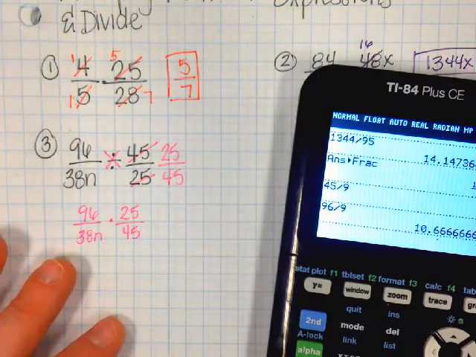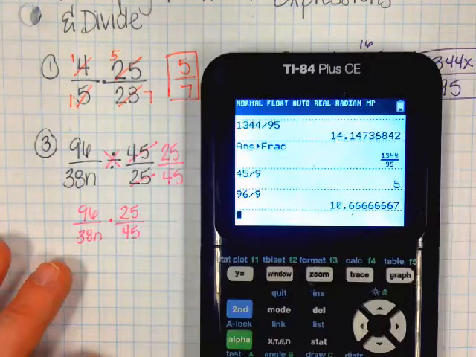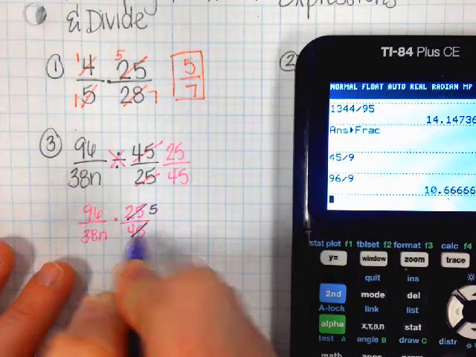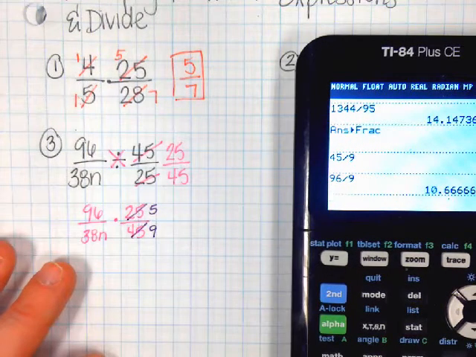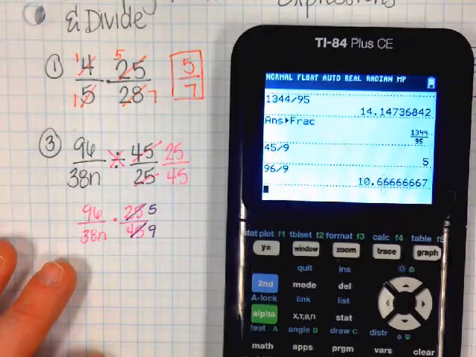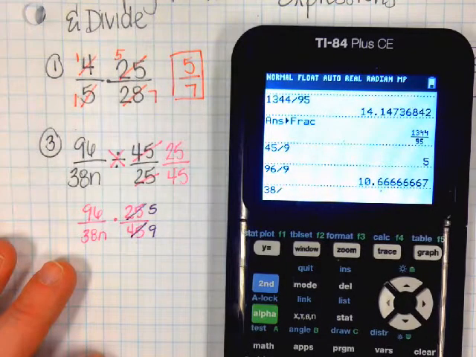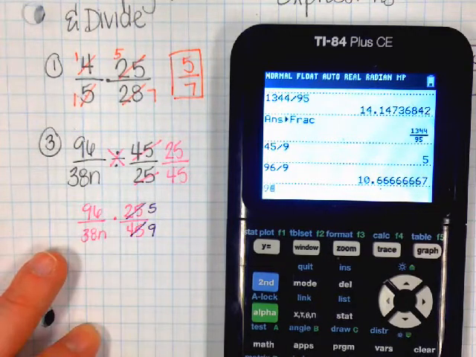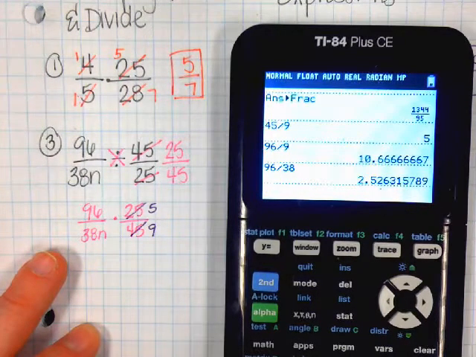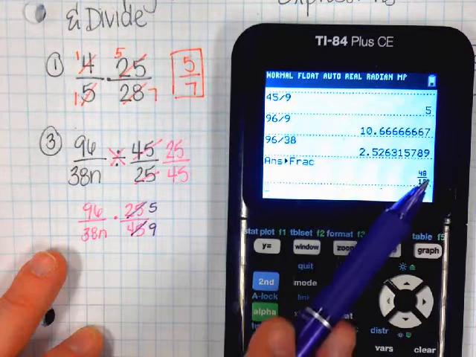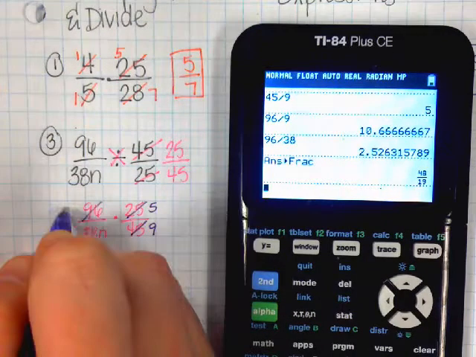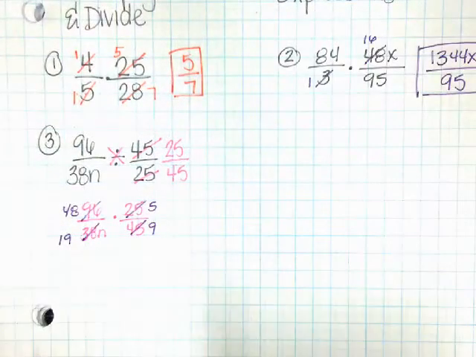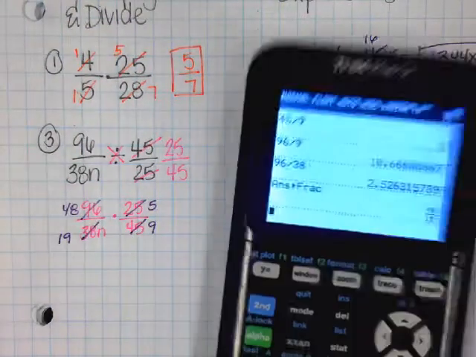That doesn't work. 25 and 45 both have a 5, so let's do 25 divided by 5 is 5. 45 divided by 5 is 9. 38 divided by, oh look, these are both even. So 96 divided by 38. Math, enter. Remember, if you just take the numbers part, your calculator will actually do the reducing for you.